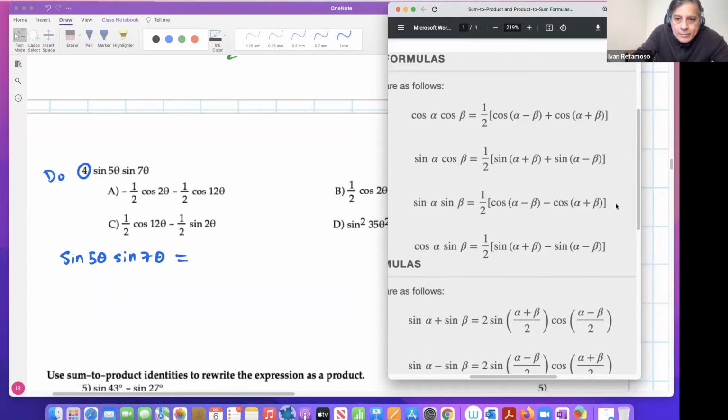This is the one that we have to use now, right? 1/2 of cosine of alpha minus beta minus cosine of alpha plus beta, right? This is what we have to use, okay? Use that, figure this out. Use some time for that, then we will move on.